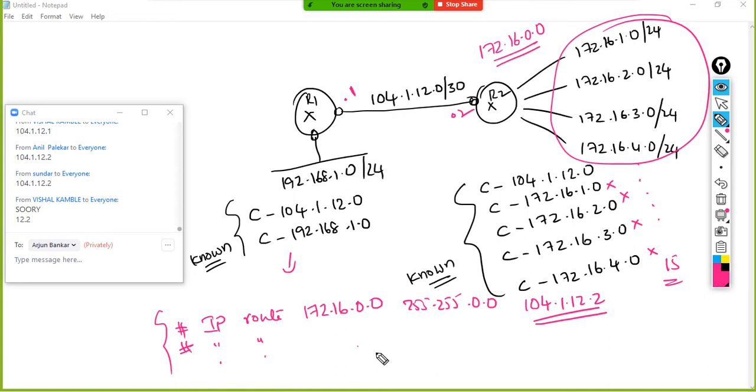But whenever you go to the CCNP level, they talk about contiguous networks. There we have a concept called summarization, which means instead of writing all these routes, they will write a single line. I will show you that as well.